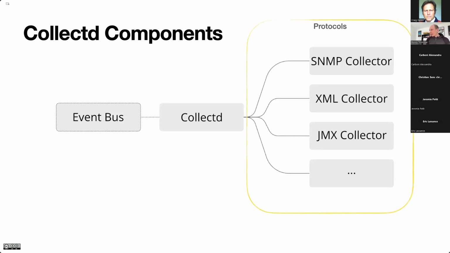As I've explained a little bit before, Collectd has many protocols which it supports by default. We have the SNMP collector, we have XML collectors for getting metrics from structured data from the file system or a REST endpoint, or wherever an XML or JSON document can be provided. We have JMX collectors, and there are a few more, and we can also extend OpenNMS to other protocols as well.